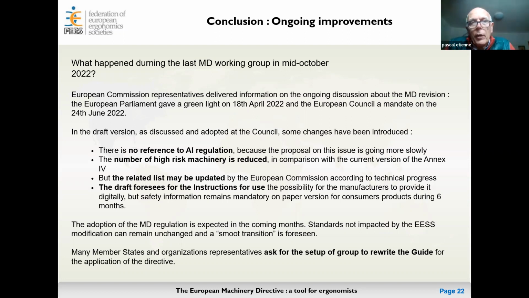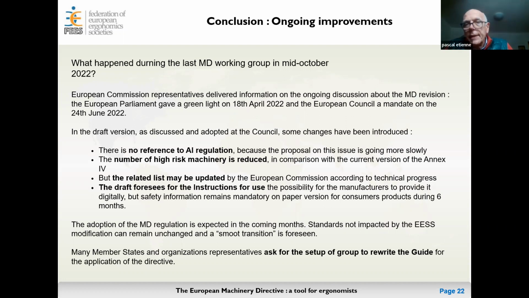And we had the information that there was a green light from the European Parliament and the European Council, a mandate to approve with some change the regulation concerning the machines. So in the new draft version as discussed and adopted at the Council, some changes have been introduced.